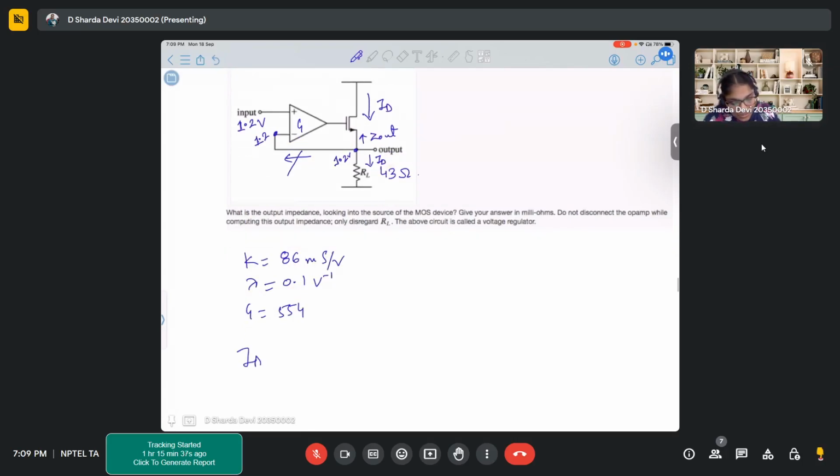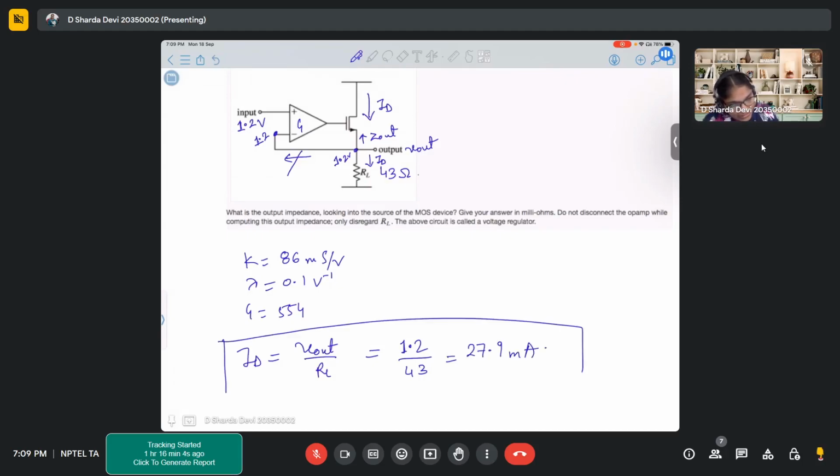So how do you find your ID? Let's give this node a name, V out. ID is V out by RL. So it is 1.2 upon 43, which is 27.9 milliamperes.